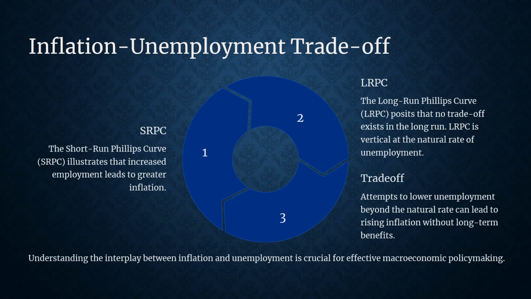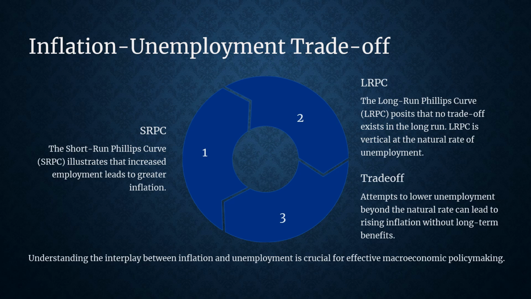The SRPC, the short run Phillips curve, illustrates that decreased unemployment leads to greater inflation. LRPC, the long run Phillips curve, posits that no trade-off exists in the long run. LRPC is vertical at the natural rate of unemployment.